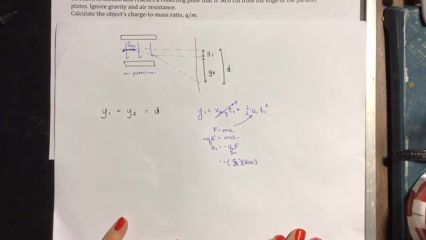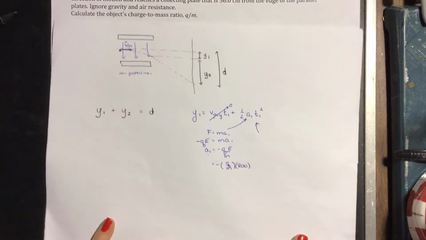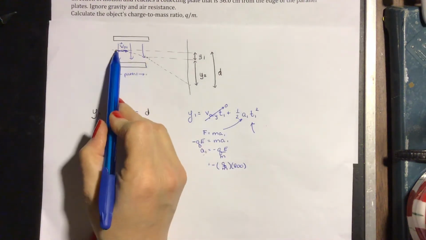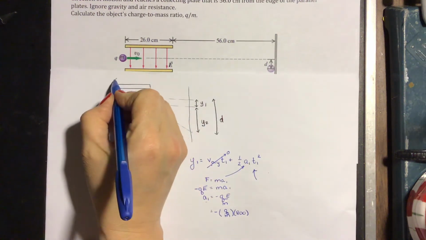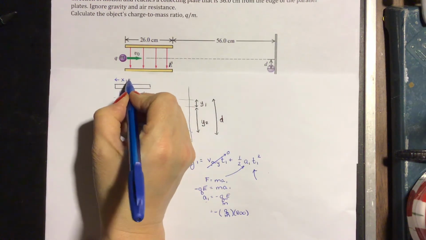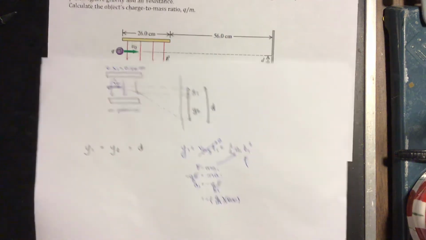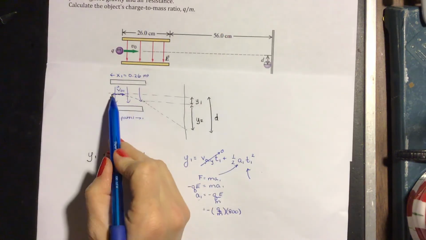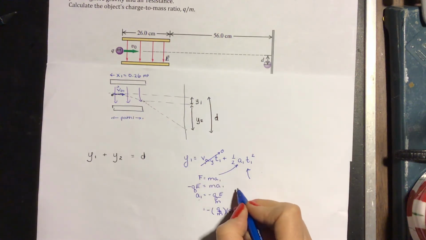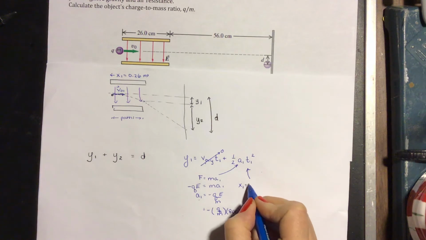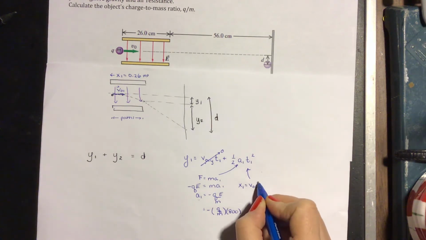Now t1, let's find that guy. How are we going to find t1? Well, it travels a distance equal to the length of the plates. That's 26 centimeters. And the x component of velocity is going to be constant. So what we know is that x1 equals v01x, which is the whole thing, v01, times t1.